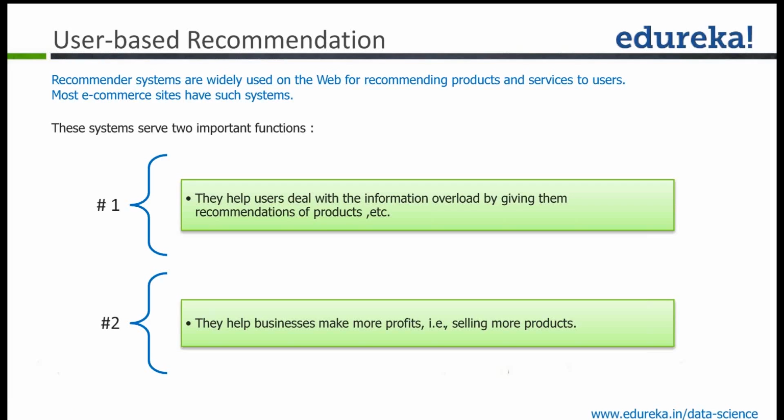Essentially, you are recommending products based on the similarity between the other users and the current user to whom you are trying to recommend. Do you see the differences? One is user-based recommendation, the other is item-based recommendation.